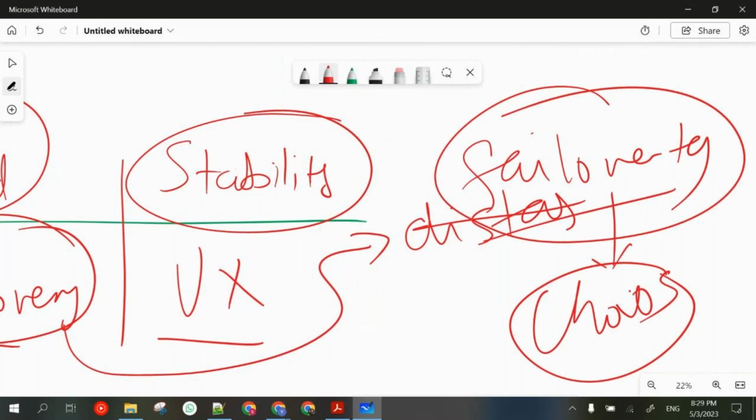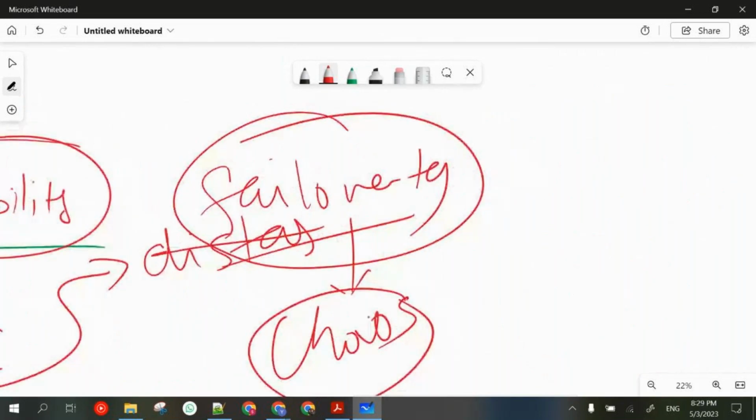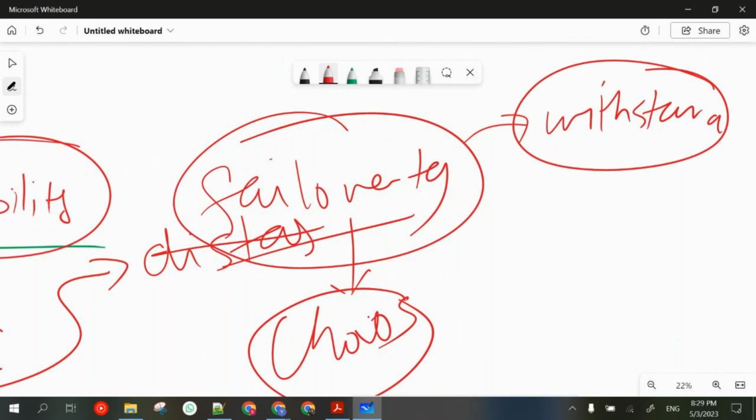It's not the same. See, in failover there comes a keyword called withstand. There, what we are worried about is, if there is some noise coming, is your application able to withstand that noise? But in chaos, we are not worried about withstand. We are worried about recovery.